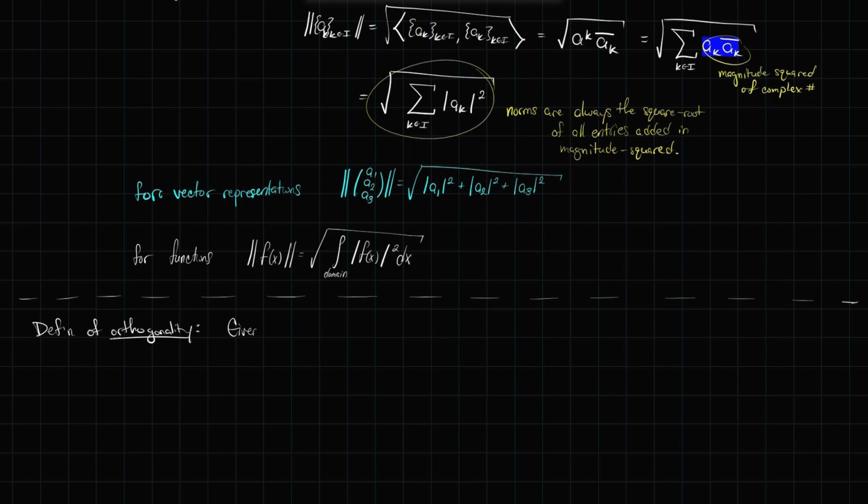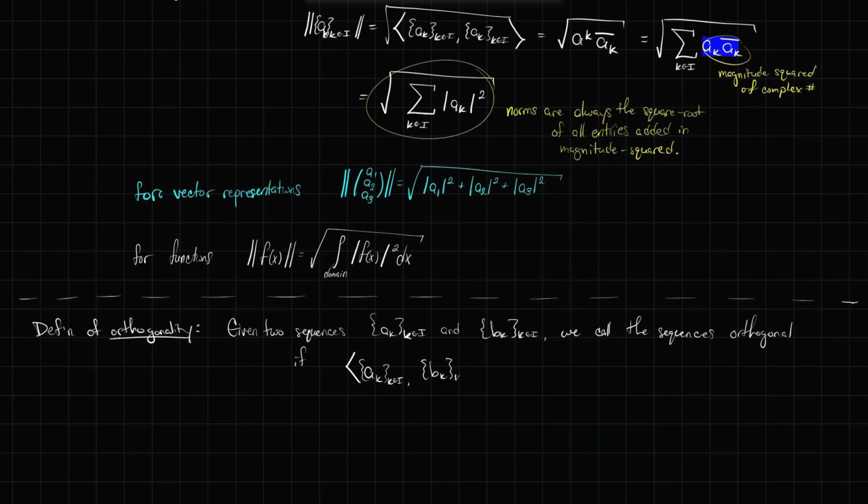We have, given two sequences, a_k and b_k, we call the sequences orthogonal if the inner product of a_k against b_k is 0. And of course, you can compute the inner product explicitly and say, okay, that's equivalent to me saying that this summation a_k b_k conjugate is 0.